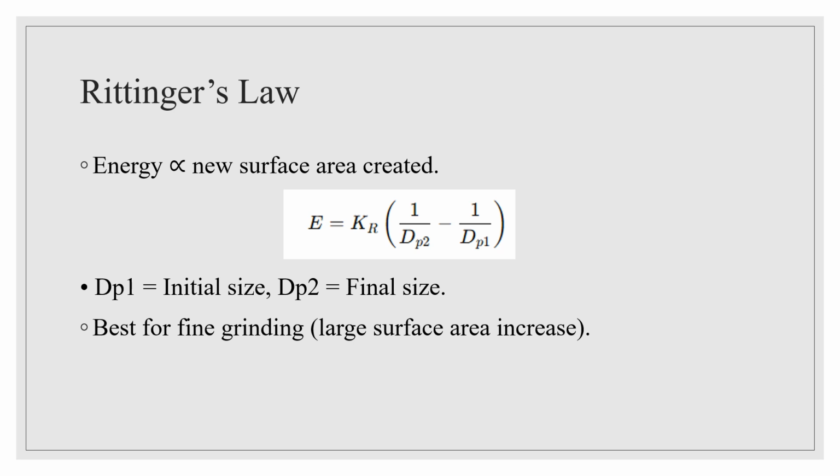E, which stands for energy requirement or power requirement, is equal to Kr (1/dp2 - 1/dp1), where dp1 is the initial size of the particle, dp2 is the final size of the particle, and Kr is Rittinger's constant. Rittinger's law is based on fine grinding, that is, larger size reduction or large surface area increase.